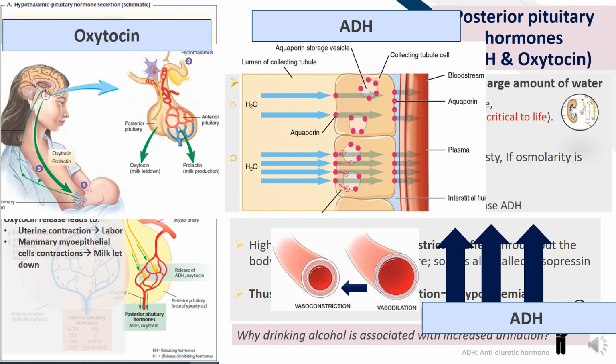That's why if there is very little ADH, there will be loss of a large amount of fluid or water in urine, causing hypotension, shock, and possibly death if it's not treated.